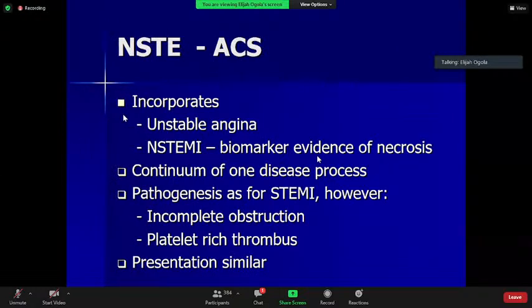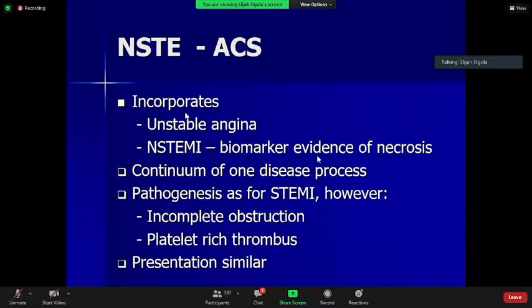Non-STEMI is when you have evidence of an acute coronary syndrome, but the ST segment is not elevated. It basically incorporates 2 syndromes, one we call unstable angina, and the other we call non-ST elevation myocardial infarction.